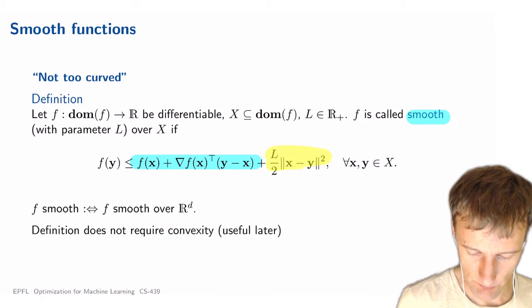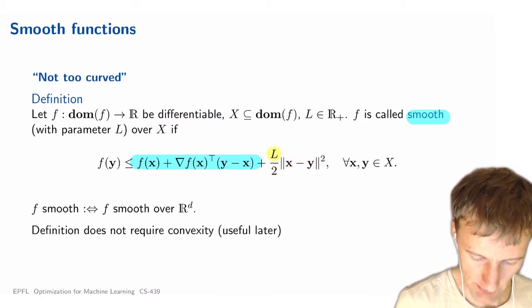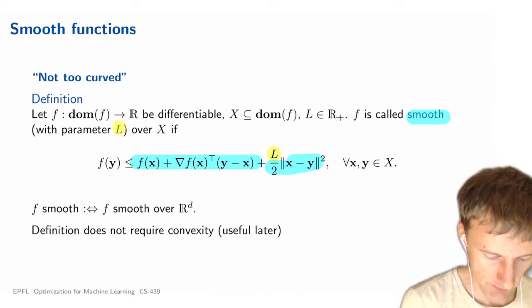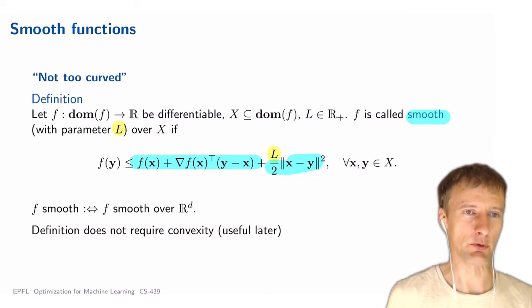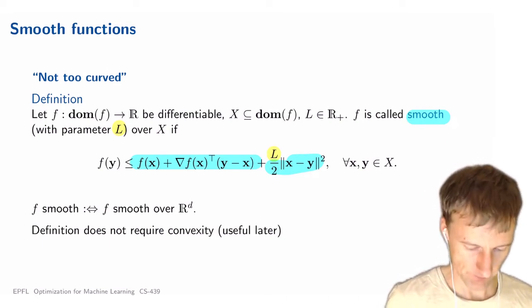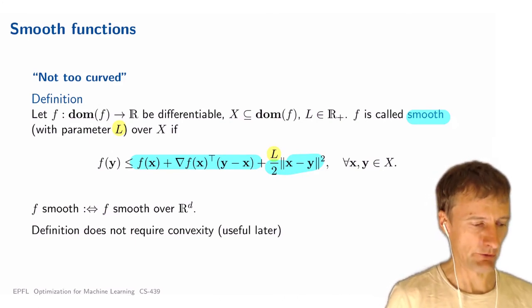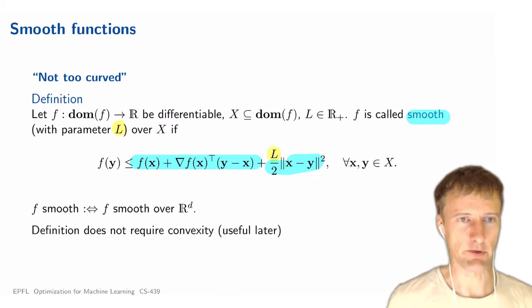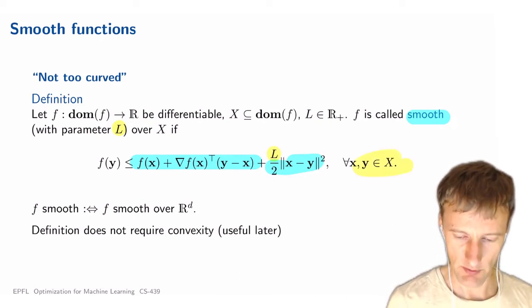Here you have this smoothness constant L. We say that the function is smooth with parameter L if for any pair x, y the function is below this quadratic. If you want to be very precise, then you say this is smoothness over a set x. So the function is smooth with parameter L over set x if this is the case for any pair x and y.